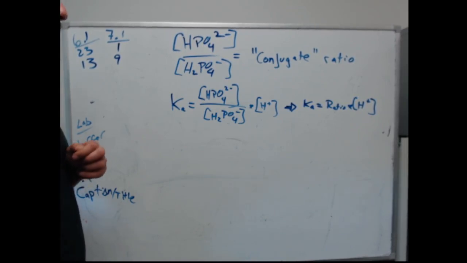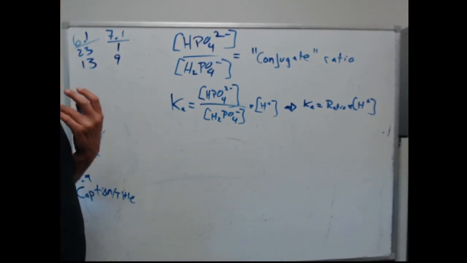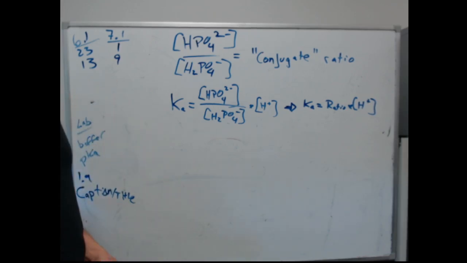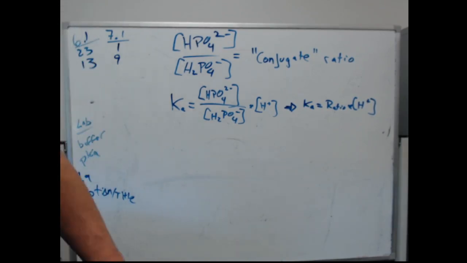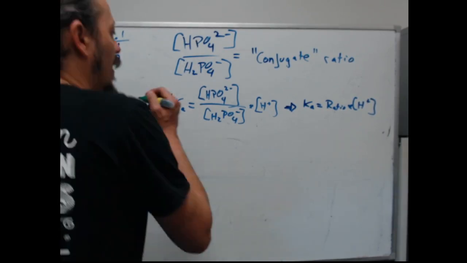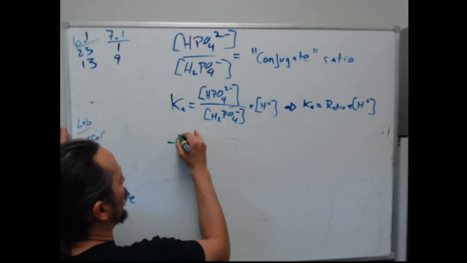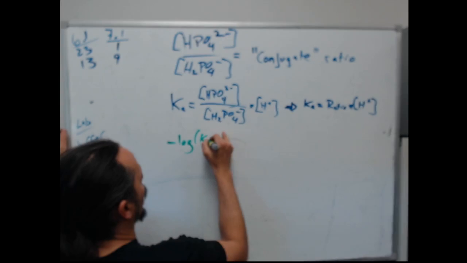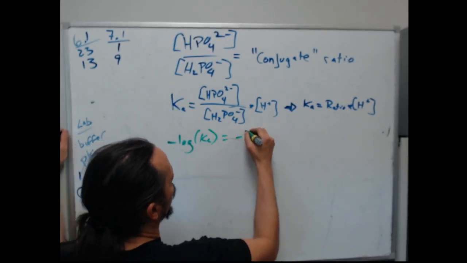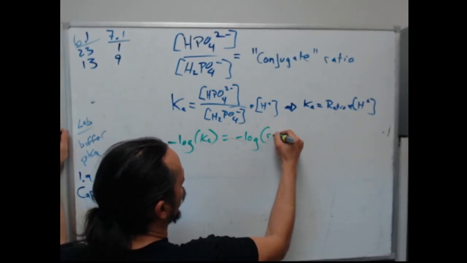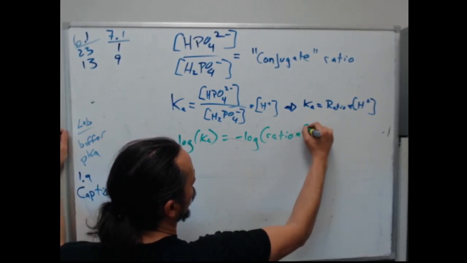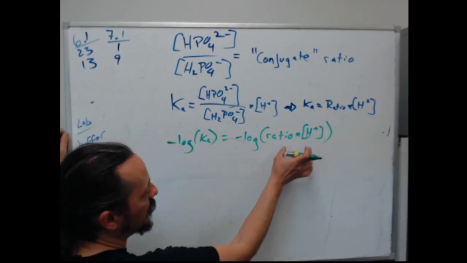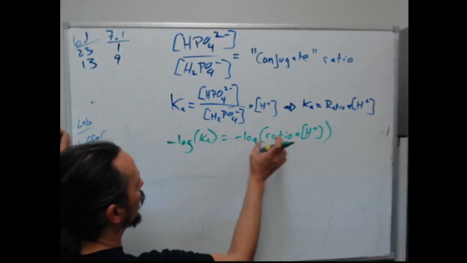The other interesting thing we can do, because we don't measure the H plus, we measure the pH, we can also go ahead and just take the negative log of this thing, and we can say negative log of Ka is equal to negative log of ratio times H plus. And then we can do a little bit of rearrangement if we know how the logarithm works.